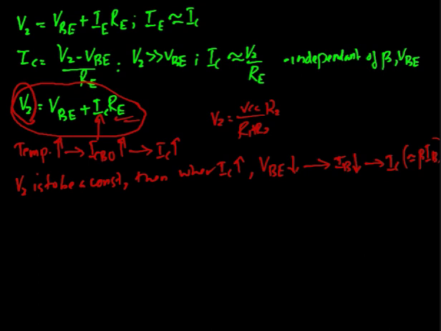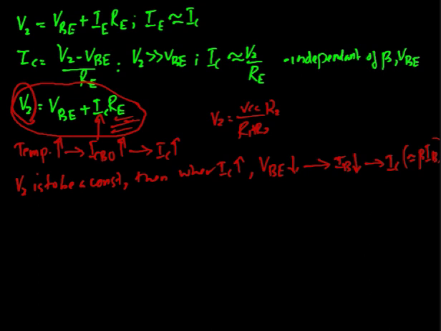So we can say that the introduction of this RE will make the collector current return to the initial value, or the presence of the emitter resistance RE tries to restore the collector current to the original value when there is an increase in collector current due to the temperature variation.